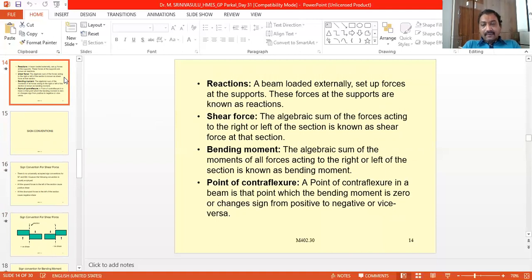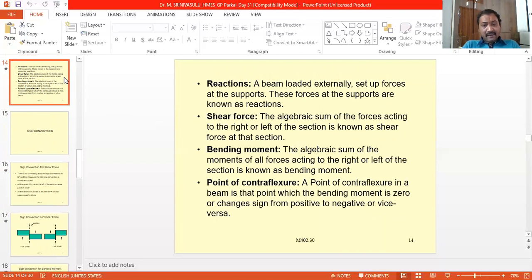As I said, some of the shear forces are positive and some are negative, and the bending moment also sometimes may be positive or negative, the algebraic sum at any point throughout the length of the beam.